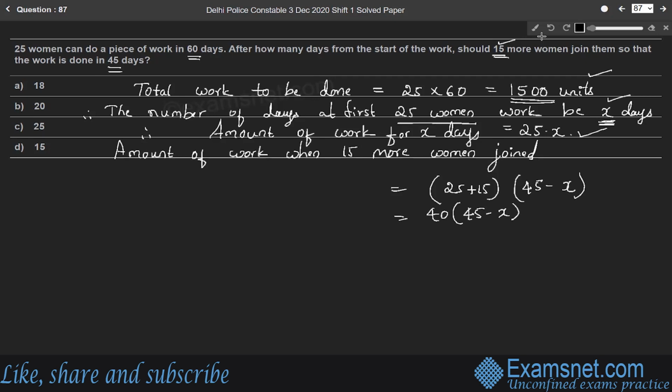Then the amount of work will be 25 plus 15 into the number of days, which is the total of 45 minus the already worked days X. Therefore, 40 into 45 minus X. Consider this as 2, this as 1.